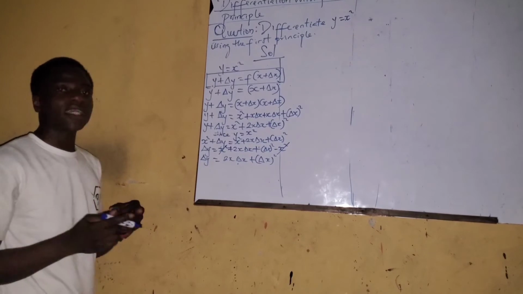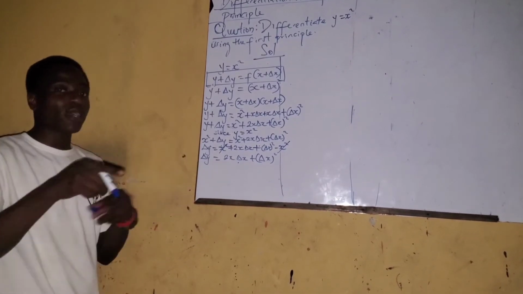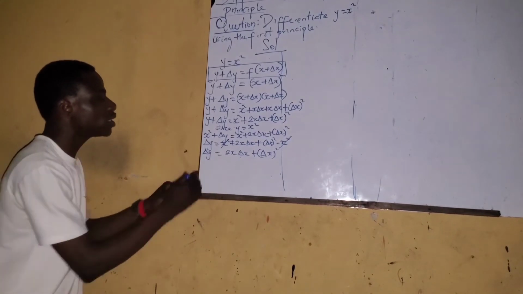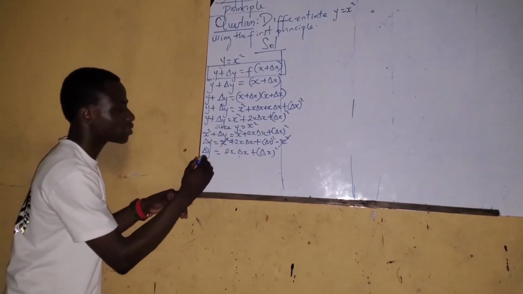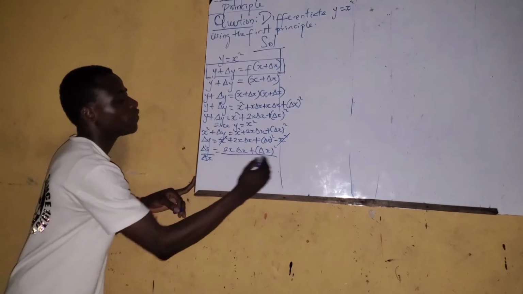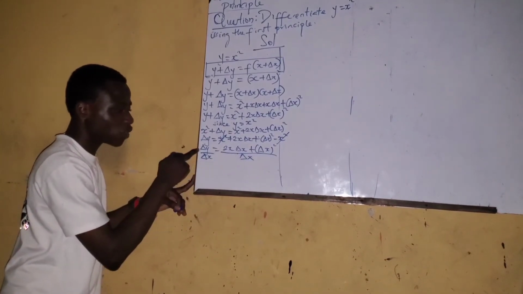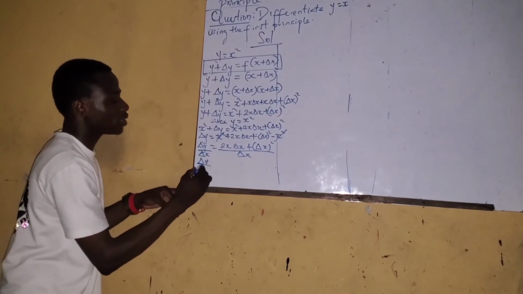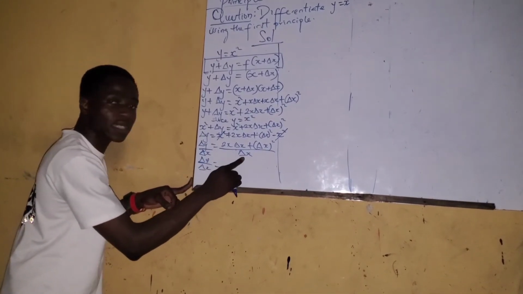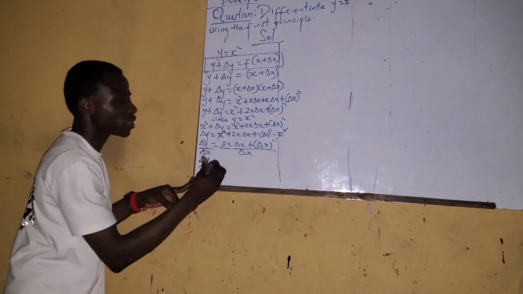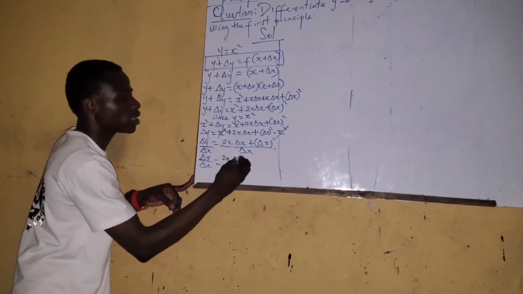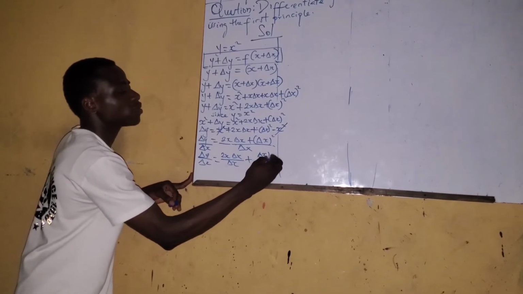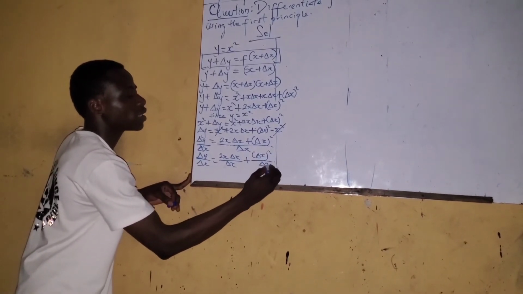So now, I said initially we are looking for dy dx, so we must say delta y over delta x. So at this point, I will divide all through by delta x. So this is my dy over dx. So this delta y over delta x equals, I can share this delta x to the two terms. So I can say 2x delta x all over delta x, then plus delta x all squared over delta x.